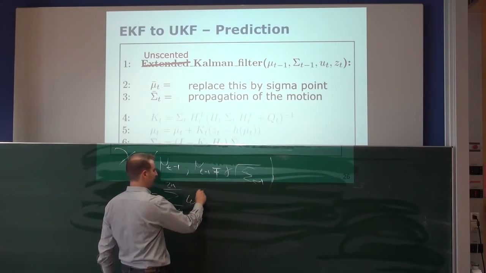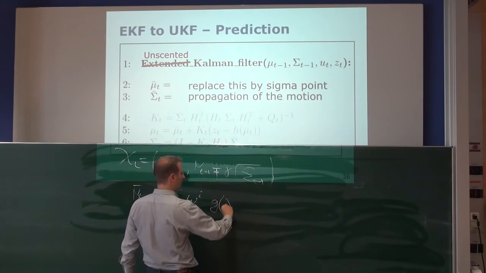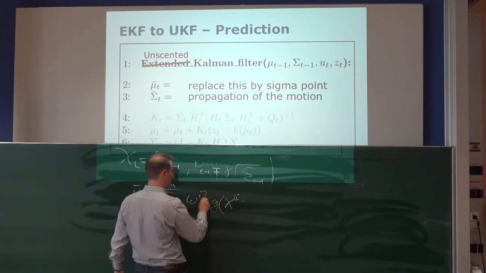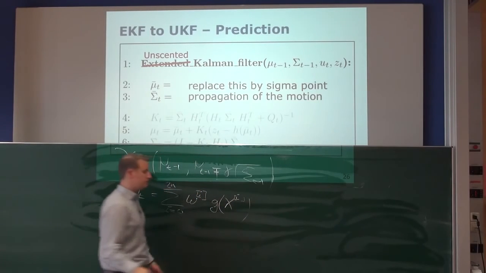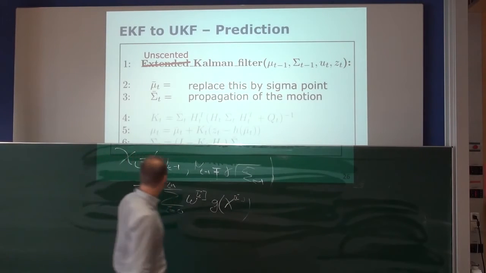So our weights and g(x_i). It's written like this. And then we have our transformed mean.